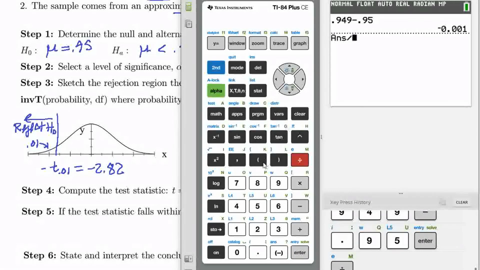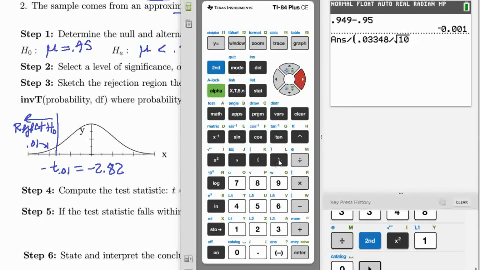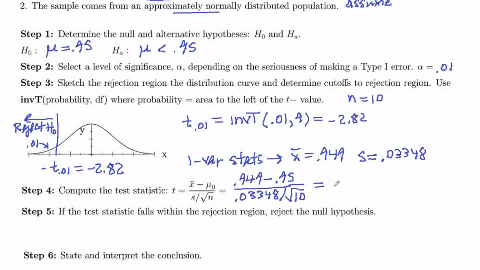We're going to divide that by 0.03348 divided by square root 10. So negative 0.094, or negative 0.09 to 2 decimal places. Our test statistic is about right here. So t-test is negative 0.09, and we can see it's not in the rejection region.